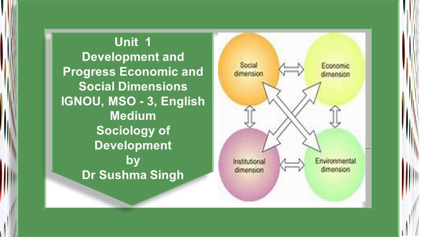We have initially located these concepts in the evolutionary perspectives as elaborated by the classical social thinkers like Morgan, Comte, Spencer, Hobbes, Marx, Weber, Maclver, Durkheim, and Parsons, and go on to explain development in economic and social terms as has been visualized in the contemporary world.